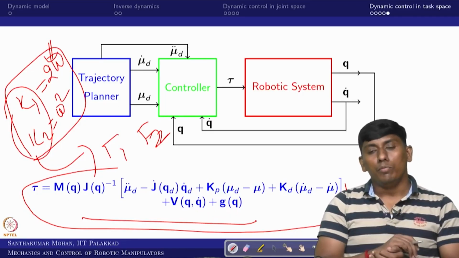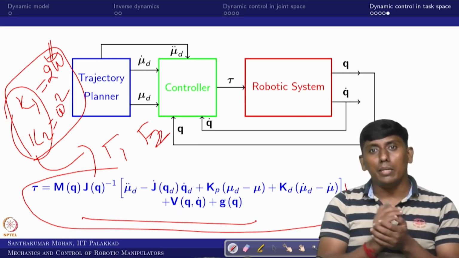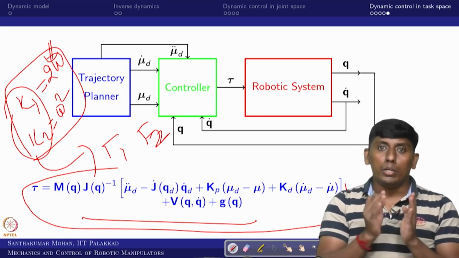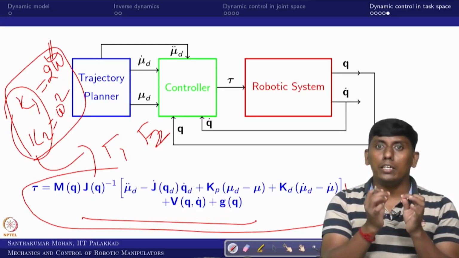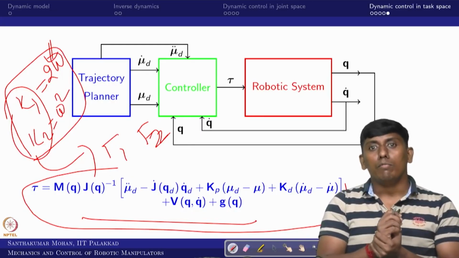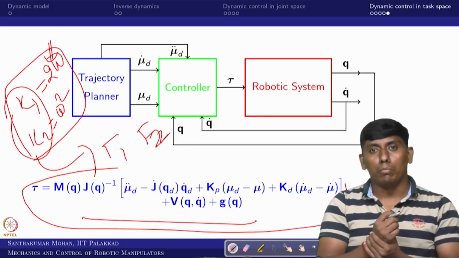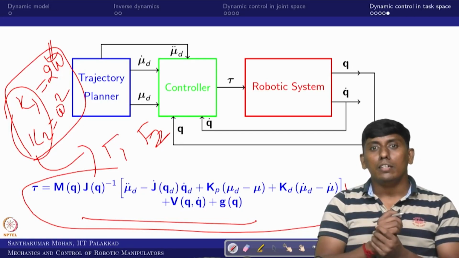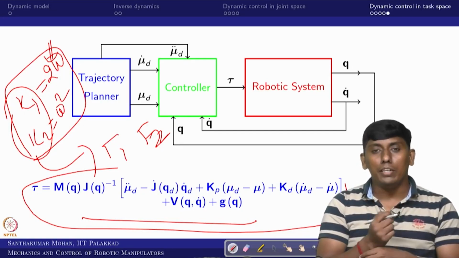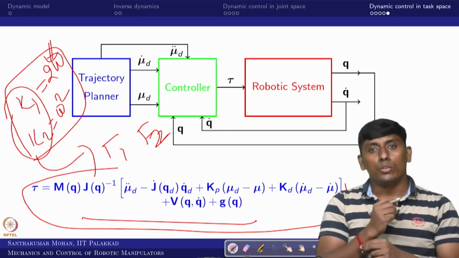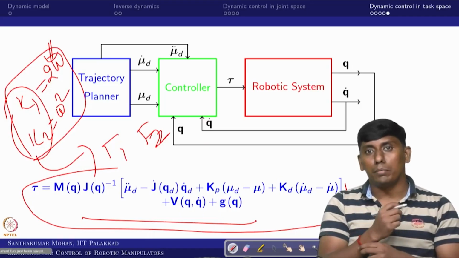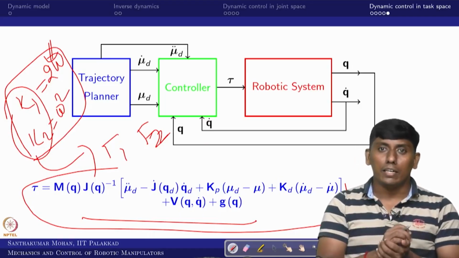But if you have a manipulator which is gravity balanced, even simple PD control is quite enough, but if you want very accurate, precise position following, then you have to go for modern control. Even then the model based control may have uncertainty, as I already said, so then we have to go for robust or adaptive control.